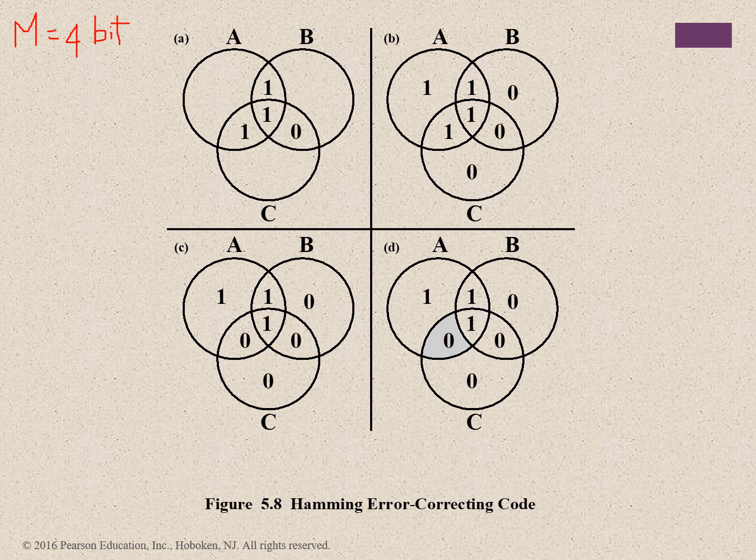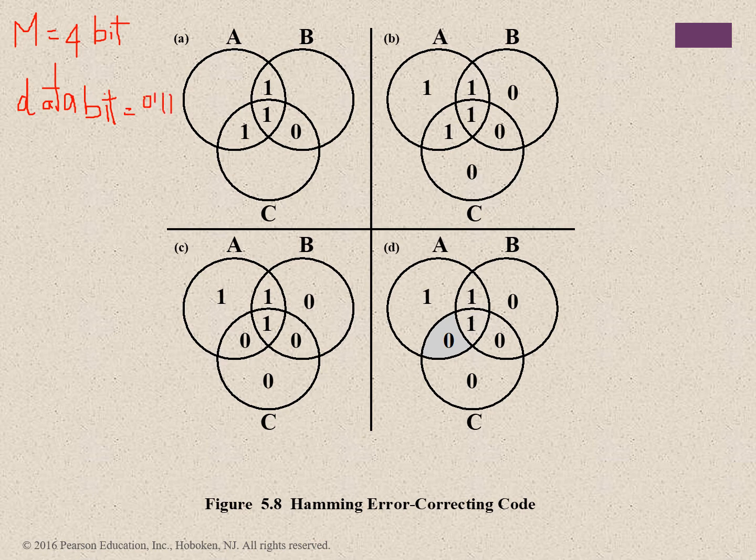Let's see how it works. Let's assume that you have 4-bit data, maybe 0, 1, 1, 1.